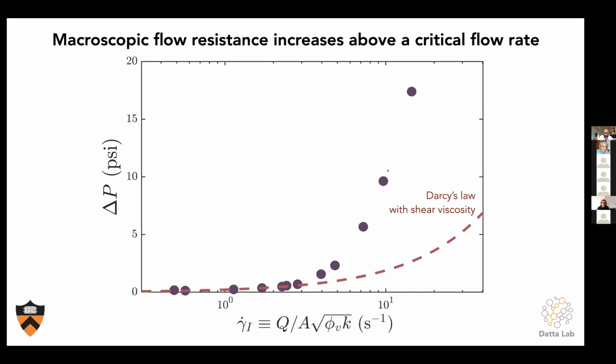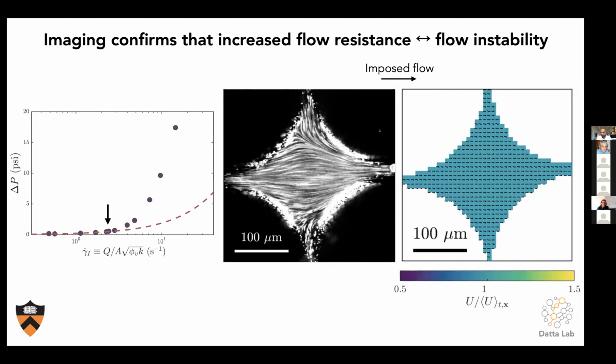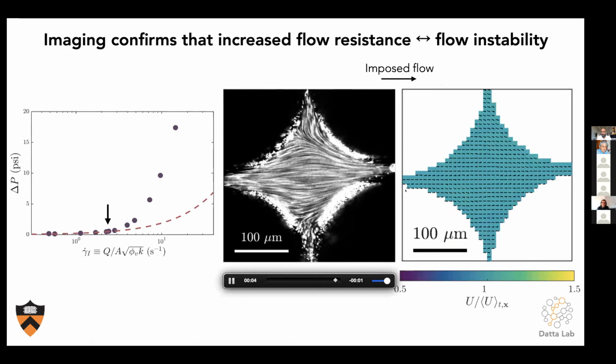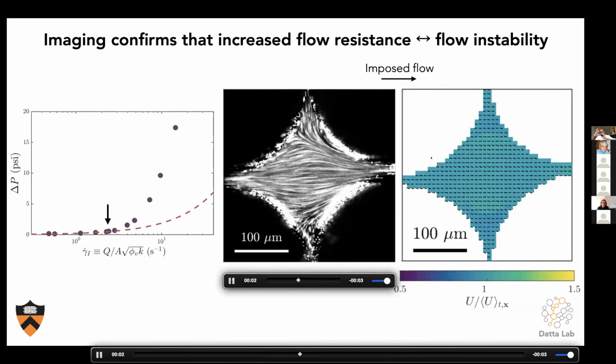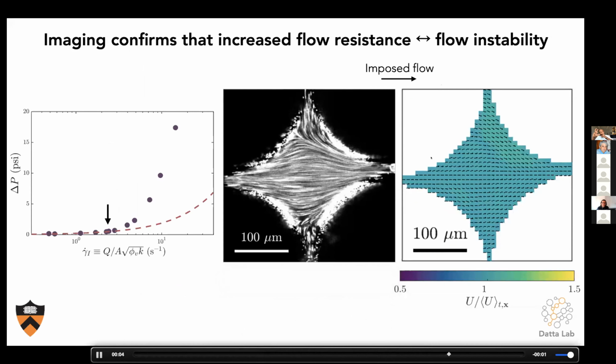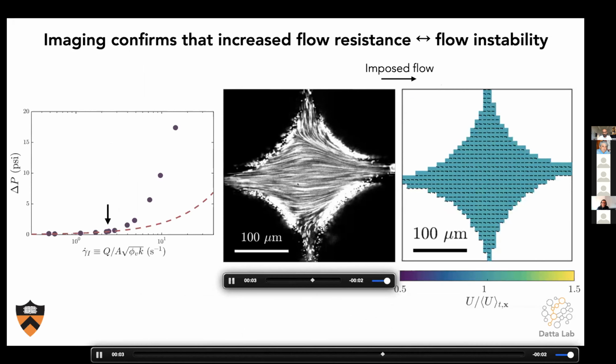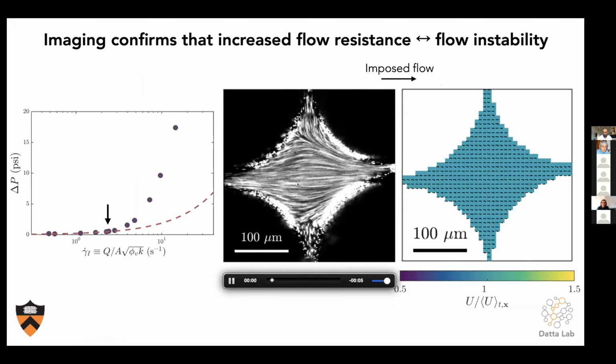This is similar to what other people have published, but now we can actually watch what's going on inside the flow. And so here's one example of a pore. These black regions are the beads making up the solid matrix. So here we've picked a pore that looks very symmetric. Typically, they're all very disordered.